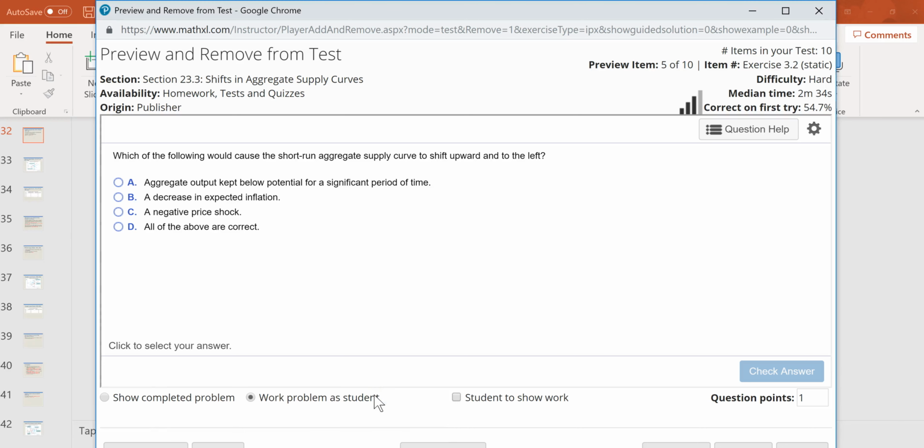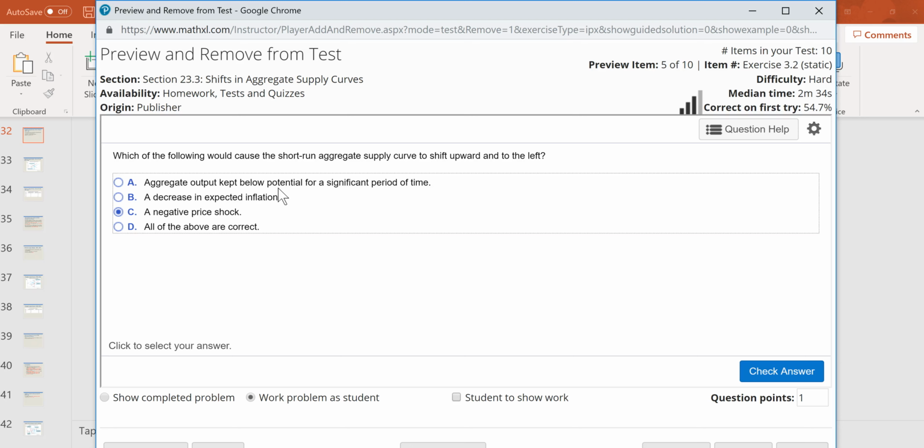So if we understand this naming convention, then we should choose C, because aggregate output kept below potential for a significant period of time. So that means that we have a negative output gap. If we have a negative output gap, then there is excessive slack in the economy. Hence, the labor market is also in a slack situation.